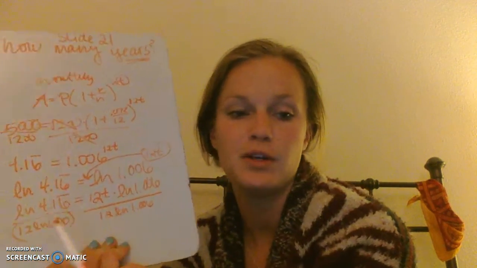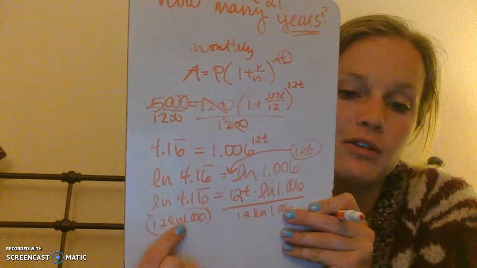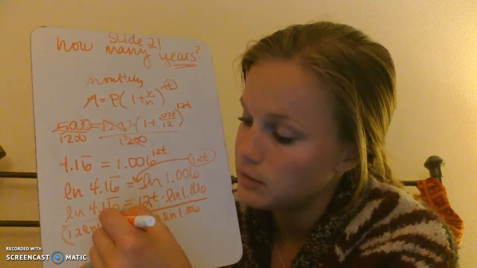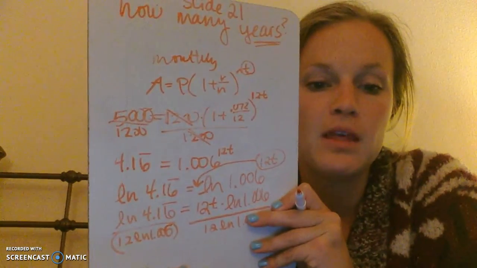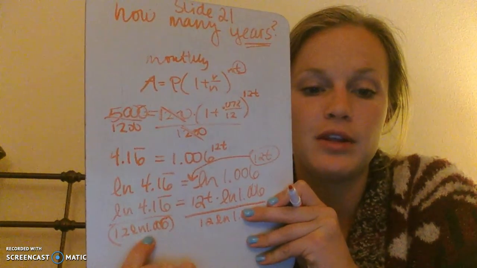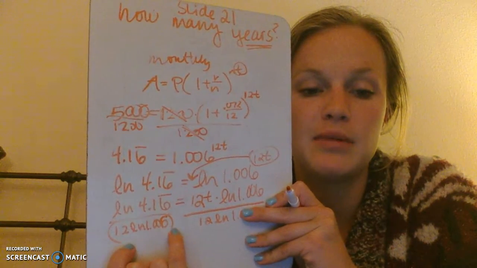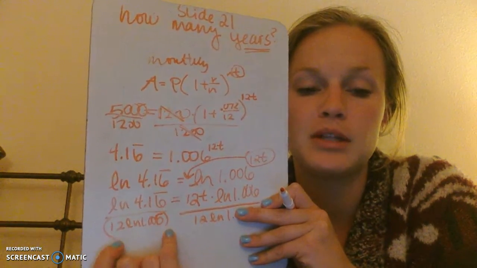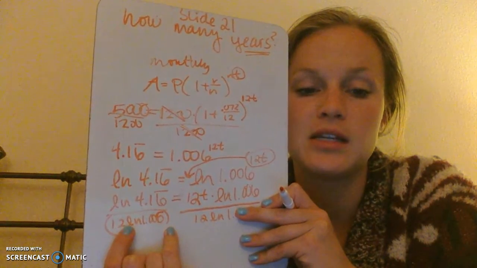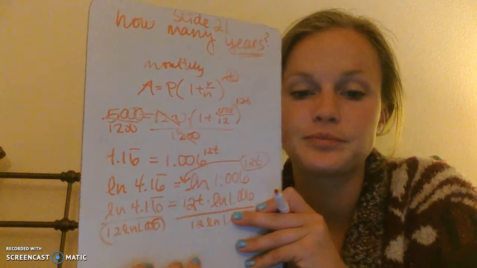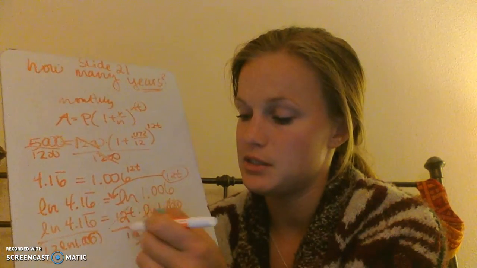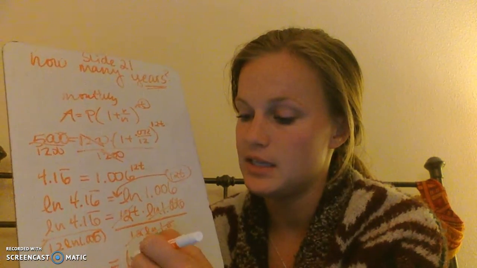And just be careful when you're plugging this into your calculator over here, because that denominator needs parentheses. If you don't put parentheses, it's not going to get this operation right here correct. So over here, I did my inverse operations to get t by itself.